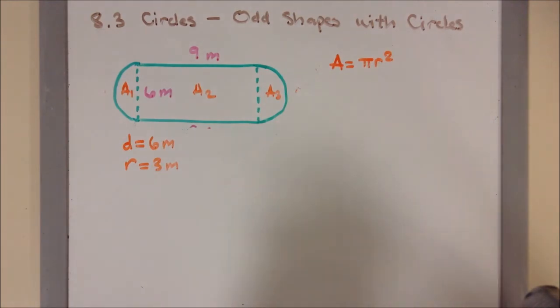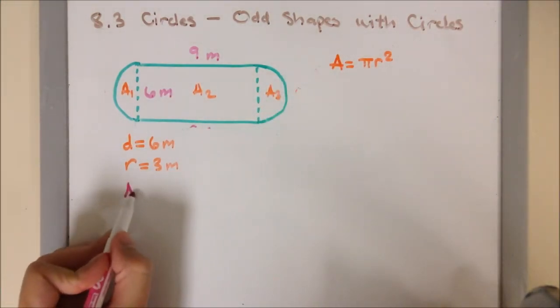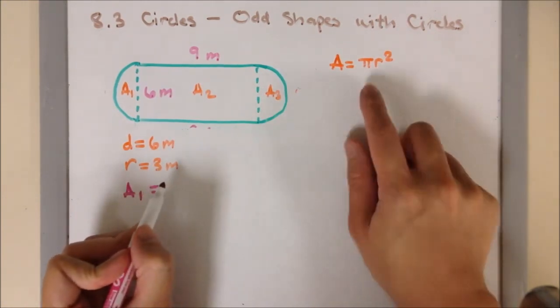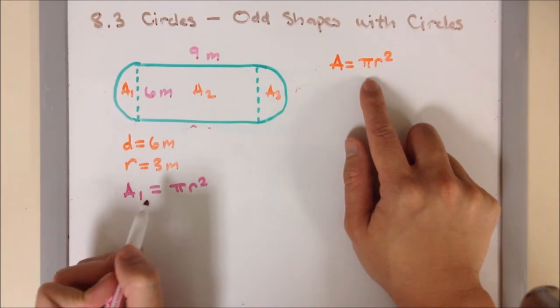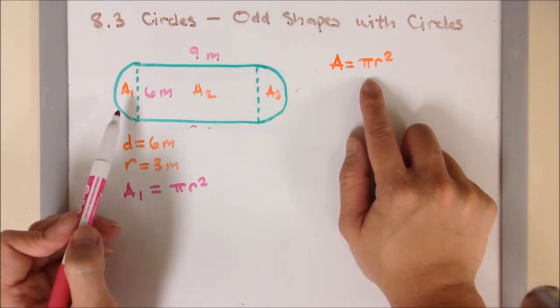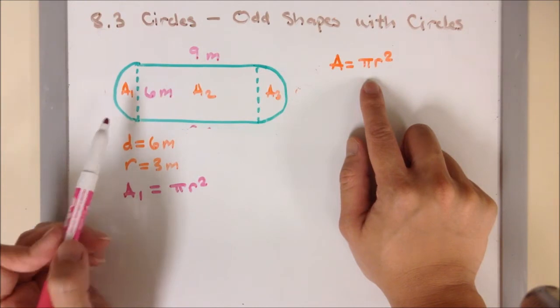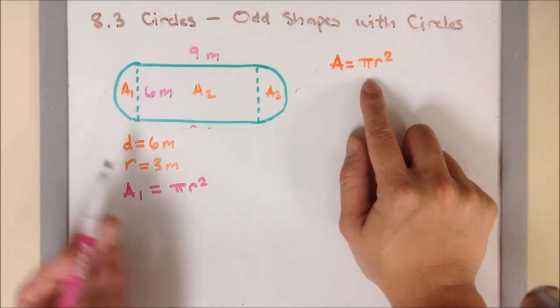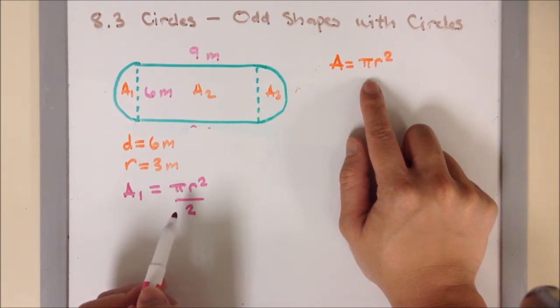So, my A1, I'm gonna do it right here. The formula for it is pi r squared. Now, my A1, again, it's half a circle. So if it's half a circle, that means it's going to be half of the area. So basically, I'm going to divide the formula by 2 since it's half.